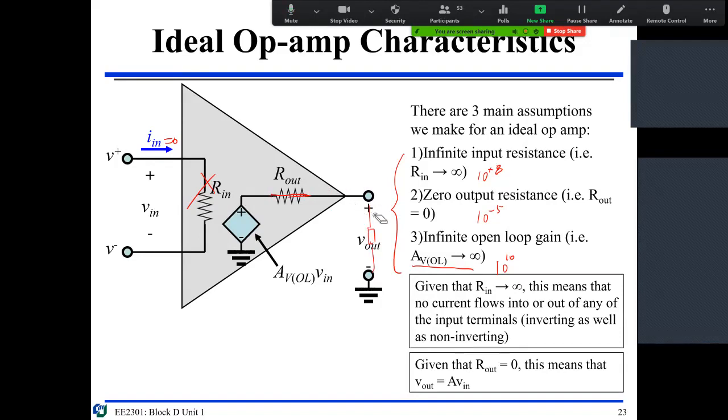But ideally, the V out is A times V in. The R in goes to infinity, okay? So no current goes in or out of the input at any time. So these I are 0 too, because it's broken, okay? So that's the ideal op-amp characteristics.